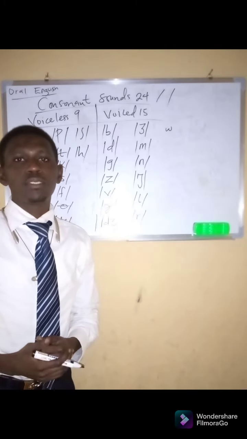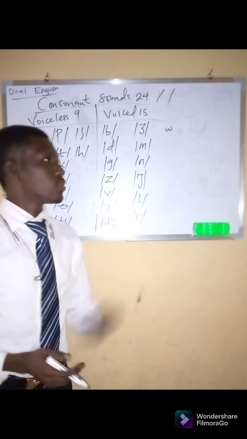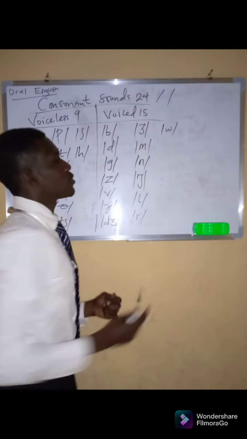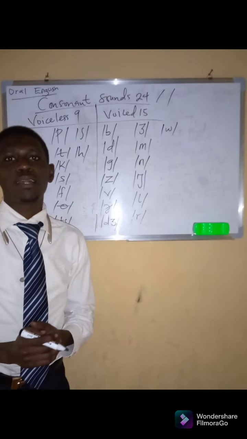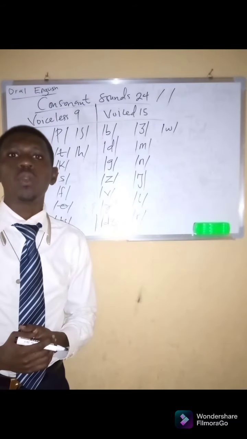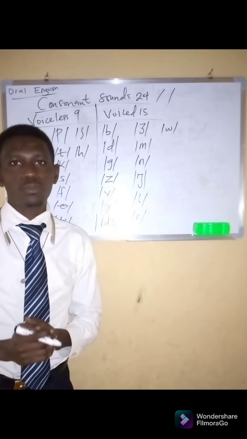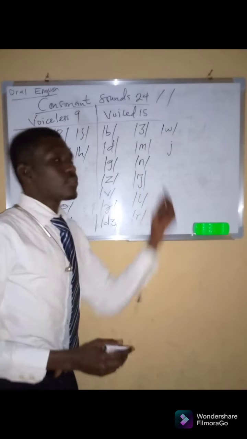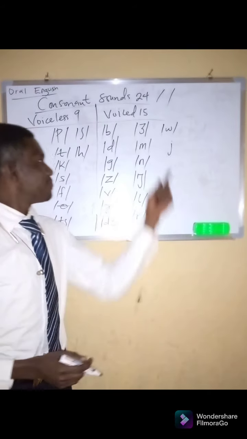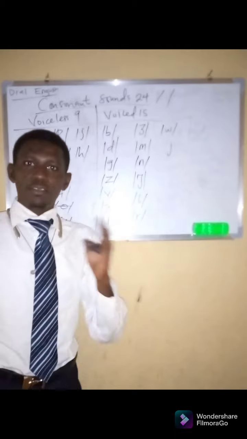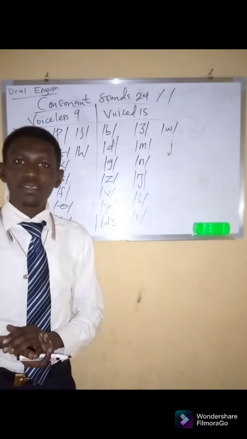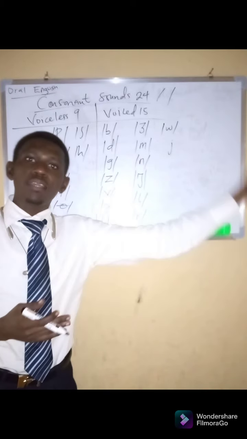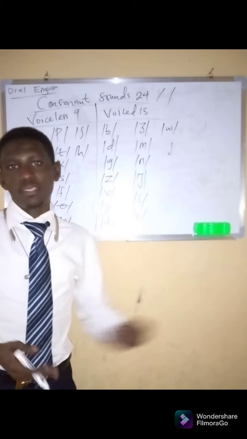W. Yes, of course this is W, but the moment we add the two slanted lines, it becomes the W sound. Small letter J. This, of course, looks like small letter J, that is in the English alphabet or as a letter.